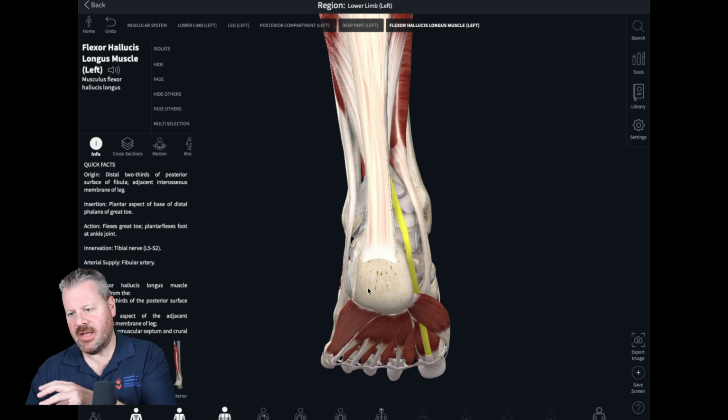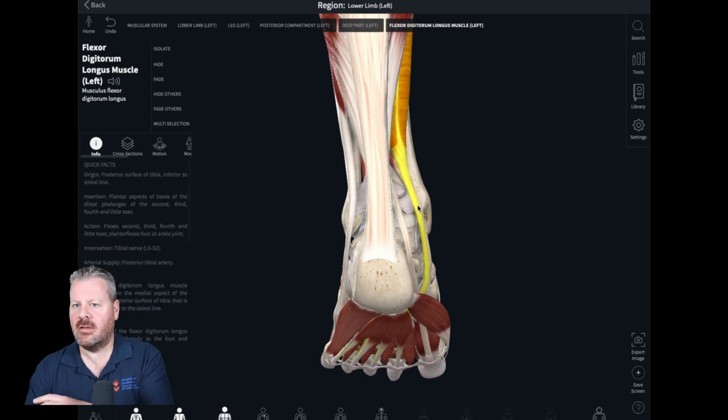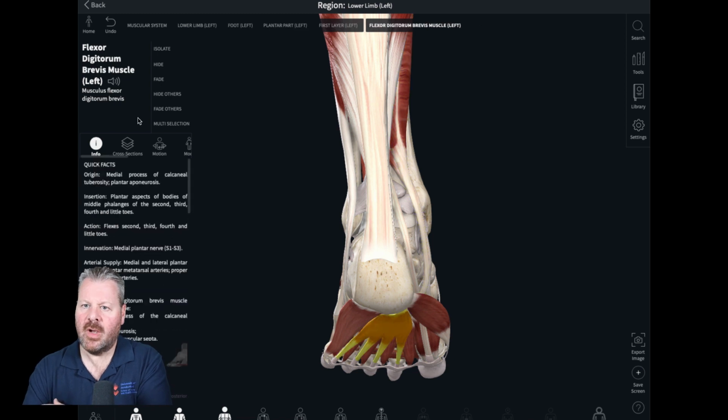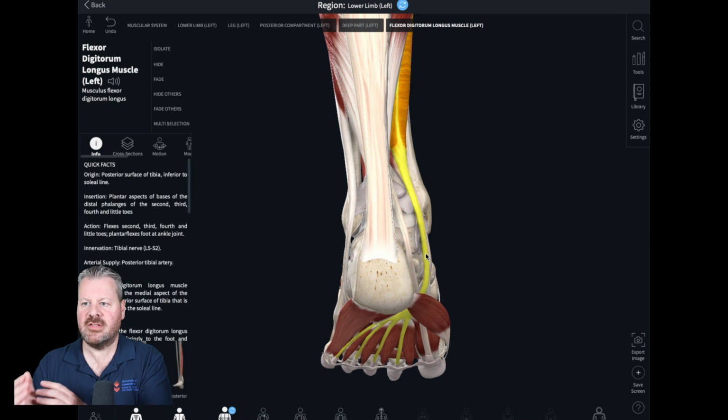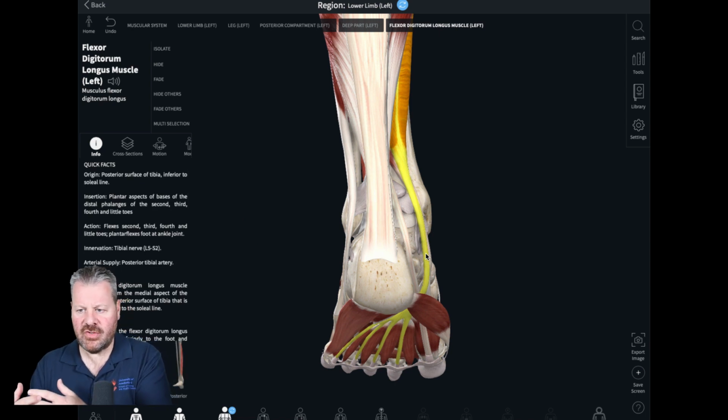Obviously, the muscles around here, flexor digitorum brevis and longus, which is running a tendon through there, coming through. Actually, I'll take away brevis, and you can see then the tendon of longus there. Again, long, strong tendons involved in propulsion.